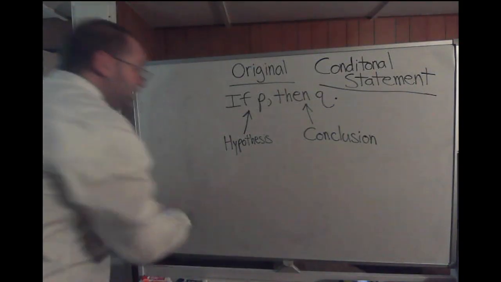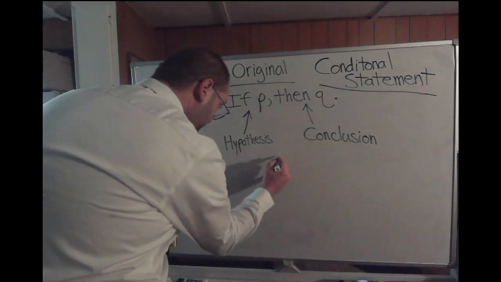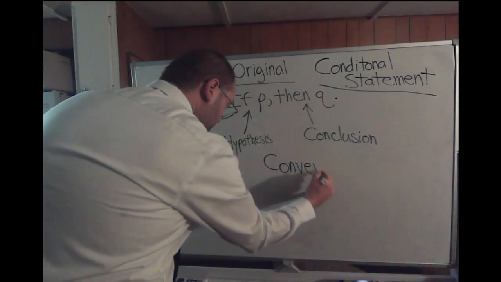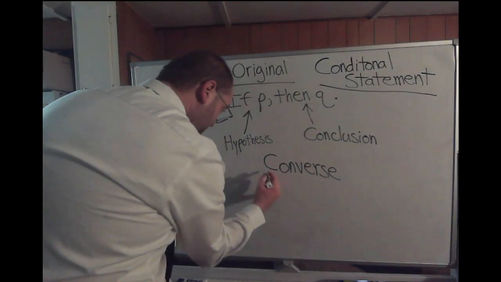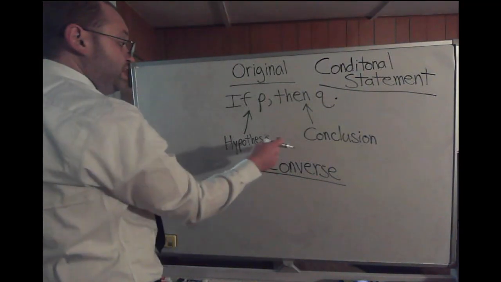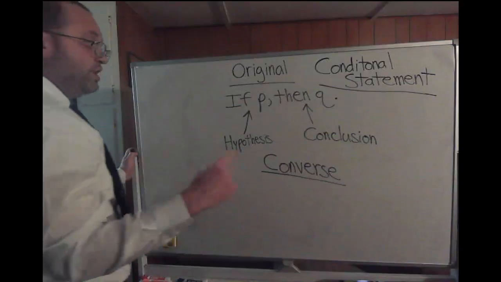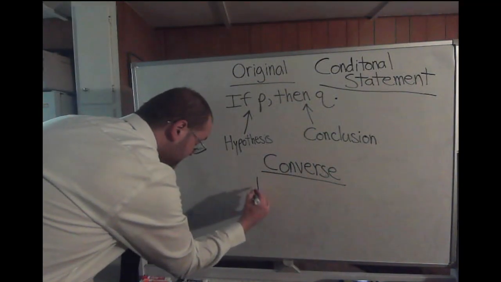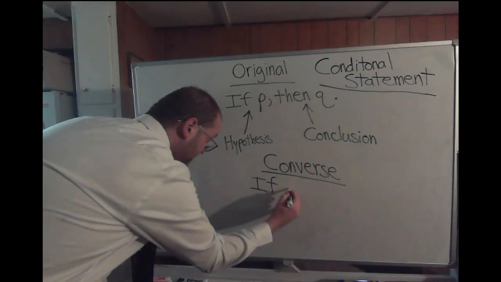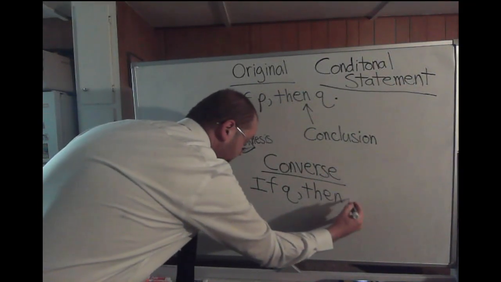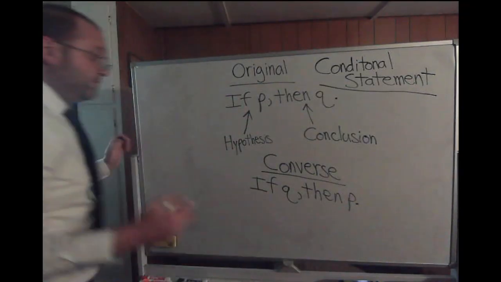That's called your conditional statement. Now, to get the converse of that, all you're going to do is switch the hypothesis and conclusion around. So the converse of the original statement is going to be something like if Q, then P. That's the general format.